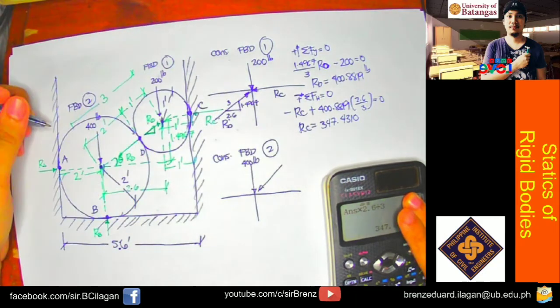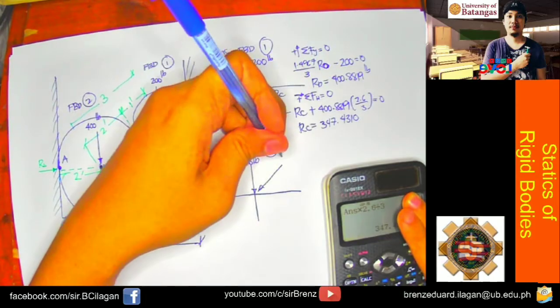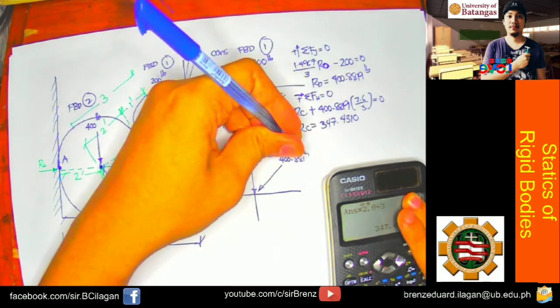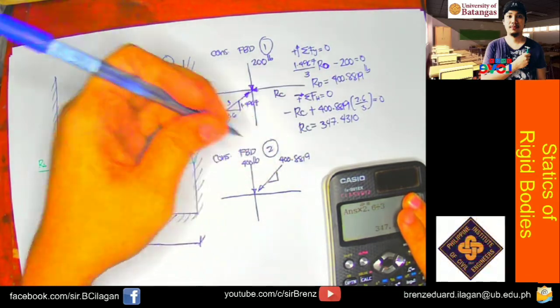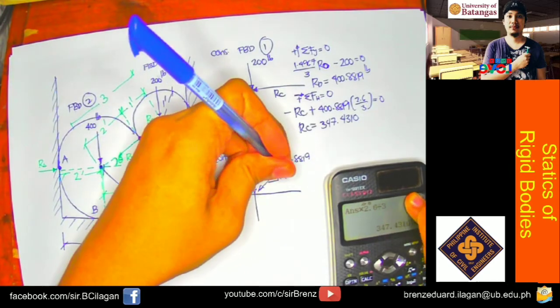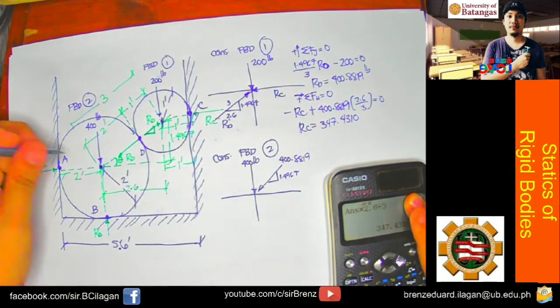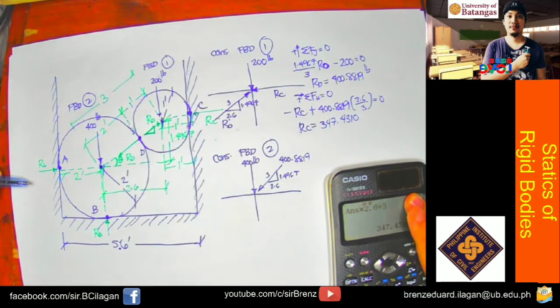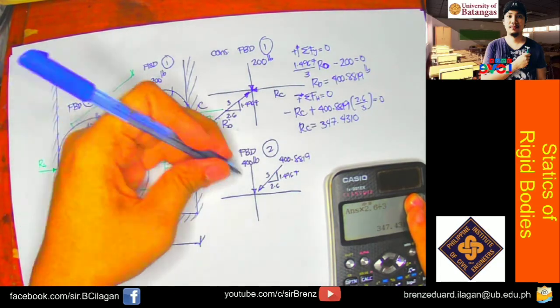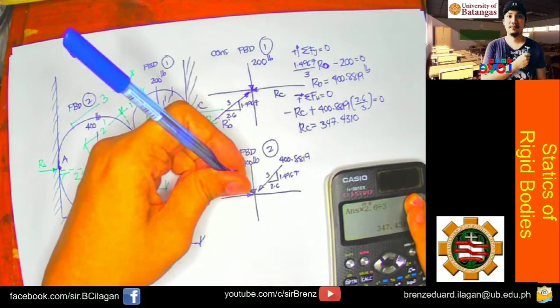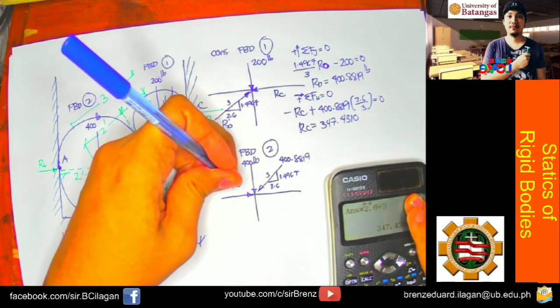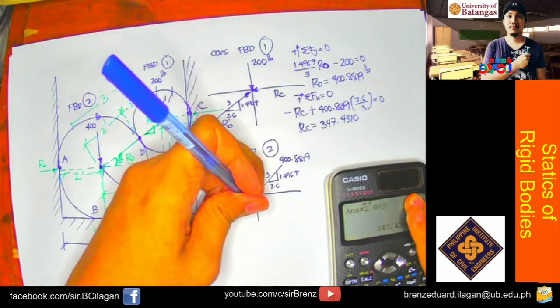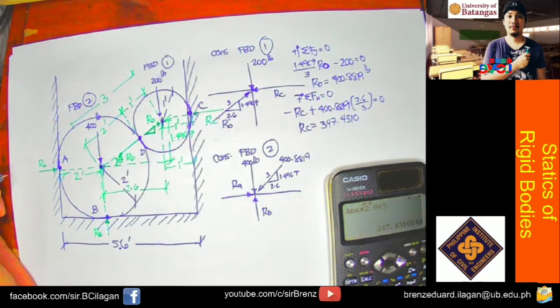So we have here the RD, which has a value of 400.8819, and knowing that the slope is given as 1.4967, 2.6, and 3. And then aside from that, we have a force RA, which is acting in this direction, and RB, which is upward.